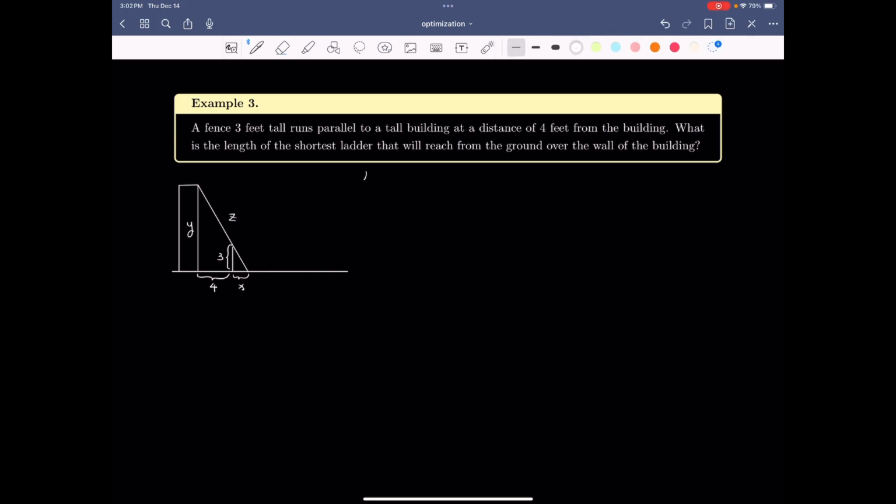So let Y be the height of the building, Z be the length of the ladder, and X be the distance between the bottom of the ladder and the fence.